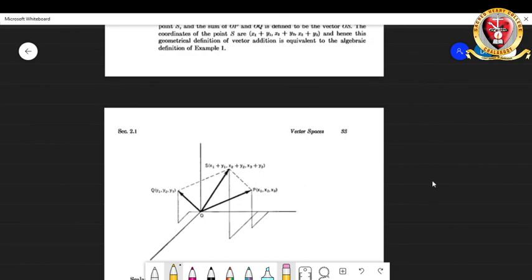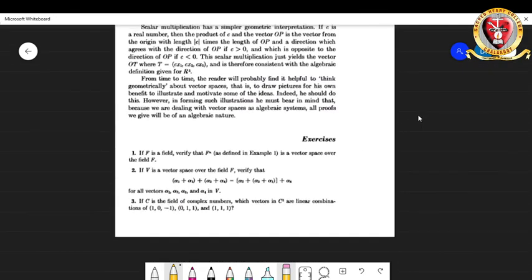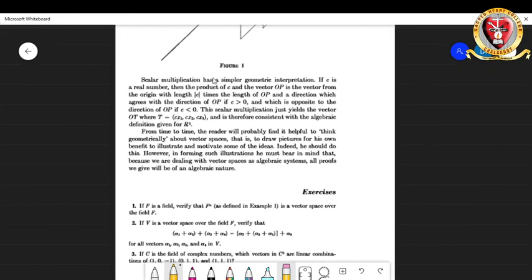And similarly, scalar multiplication can also be given a geometrical interpretation. That is, if C is a real number, then the product of C and the vector OP is the vector from the origin with length modulus of C times the length of OP, in the same direction as that of OP.